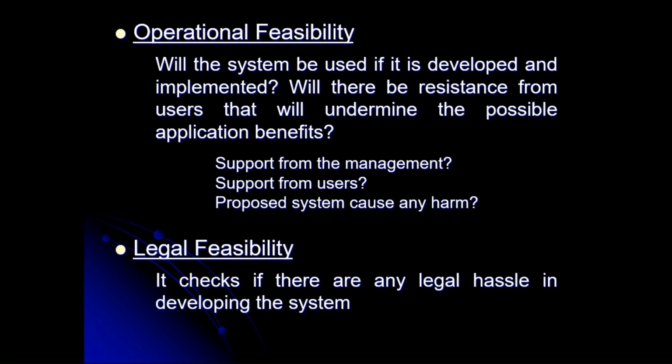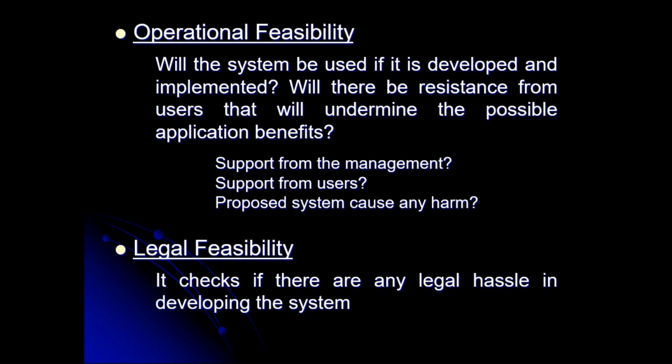So when talking about feasibility study, there are mainly 4 areas that you need to consider. Technical feasibility, where you check the development organization's ability to do the project. Economical feasibility, where you check whether the cost is acceptable. Operational feasibility, where you check whether, once developed and implemented, it is operatable at the client side. And finally, legal feasibility: are there any legal hassles in developing this system?